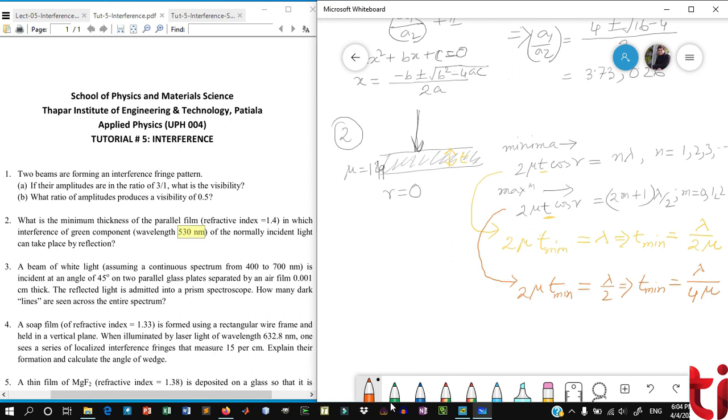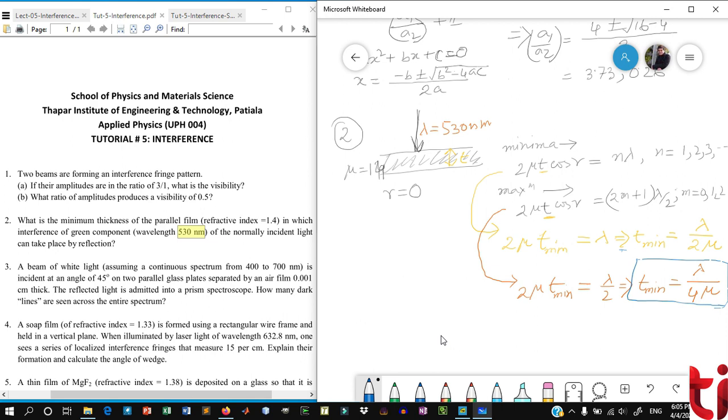So given the wavelength and the refractive index which I have used, here the incident wavelength lambda is equal to 530 nanometer, and the refractive index is 1.4. We can see that the t minimum comes for the maximum of the interference pattern. So t minimum is to be calculated from this formula.